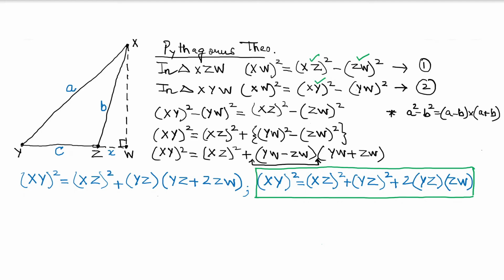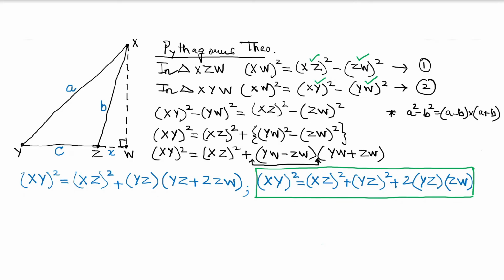And can I say YW also is known to us? Yes, because YZ is known to us and we had already assumed the value of ZW. So in that case, we get the value of x, and once we get the value of x, we get the value of the line segment ZW.